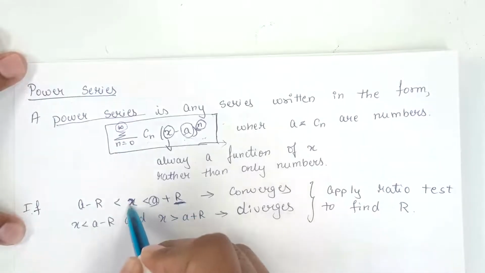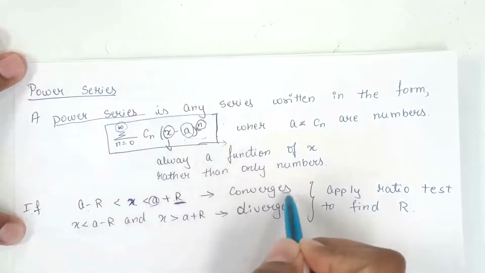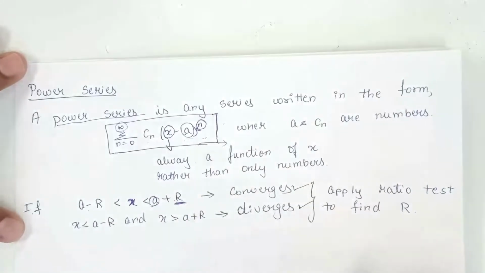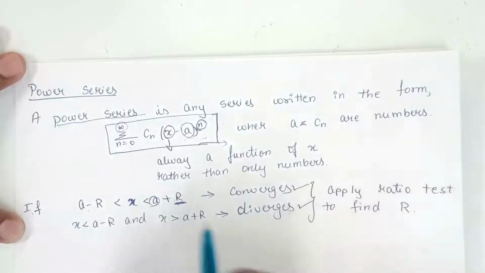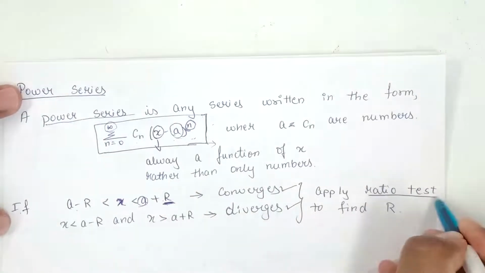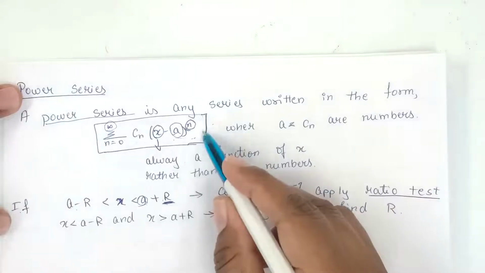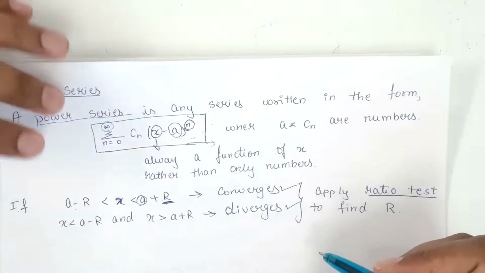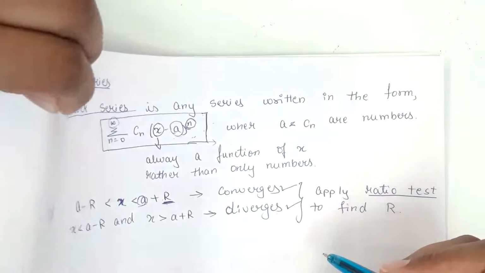So if x is between these two limits, then we say it is converging. If not, we will say diverging. Now, how to find this r? You can do this by applying the ratio test to the power series. Okay, so we will do a couple of problems.